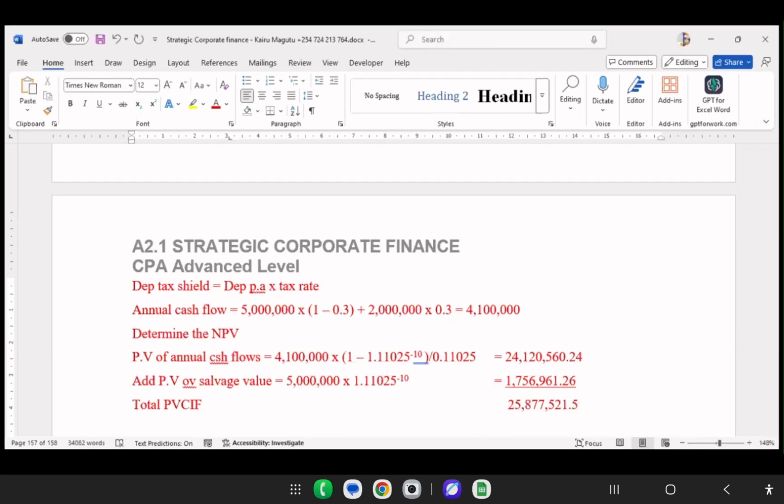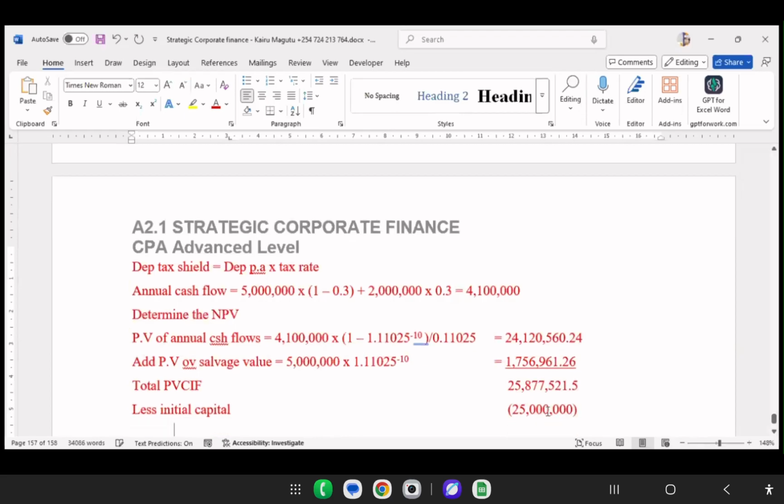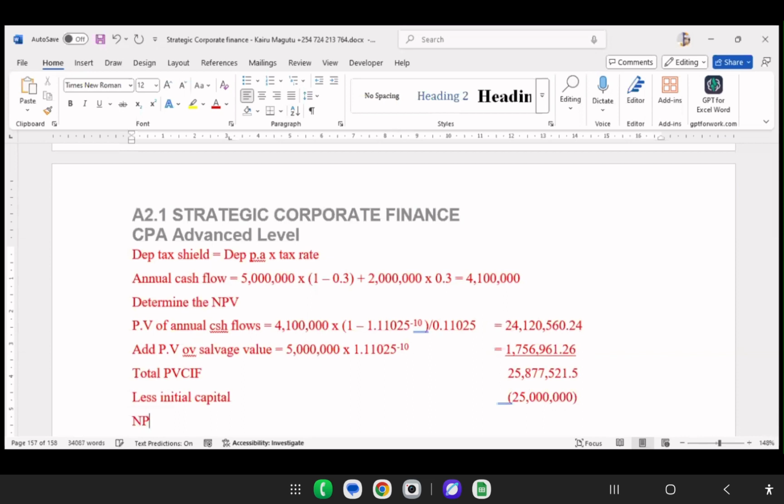Like that. We less the initial capital. This is 25. We minus the initial capital. Then whatever we get is the NPV.